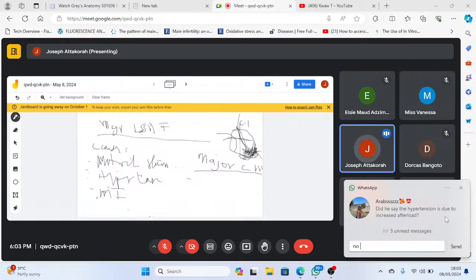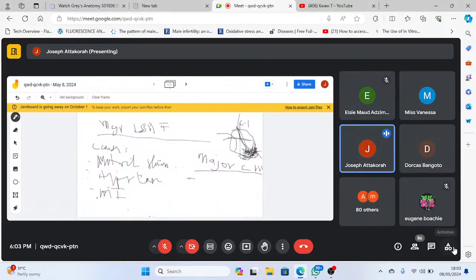You said apnea. The first I heard was someone saying pulmonary edema. So pulmonary edema. Can you explain how pulmonary edema is the major clinical manifestation?